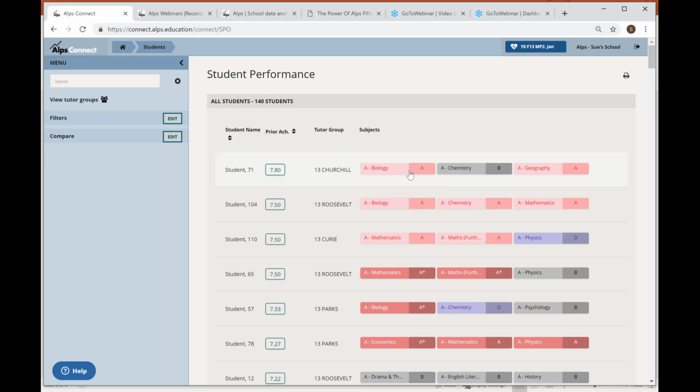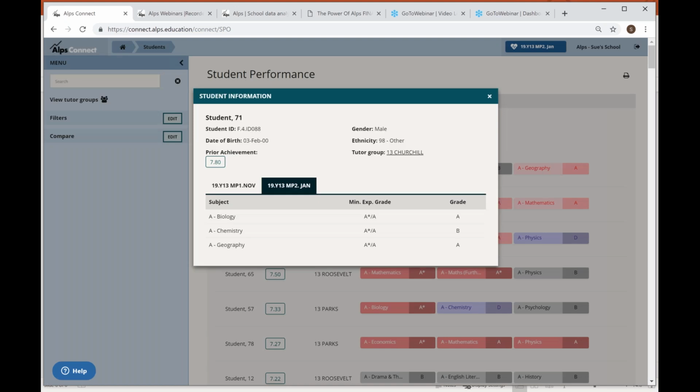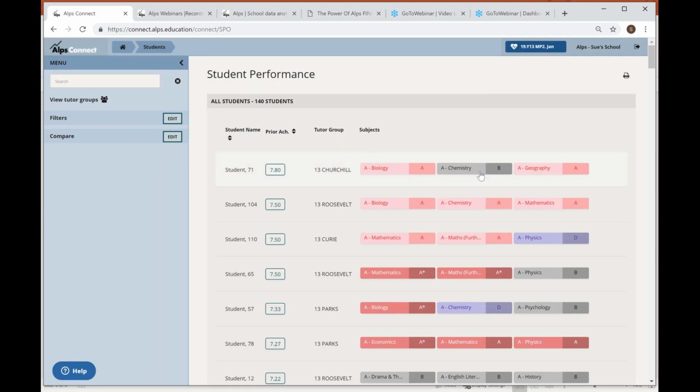So some minimum expected grades have an A star A target, for example, so that student's on an A, so they're 1 below their target. Let me show you that. There's their minimum expected grade, A star A, and so these 2 are A's, so they've gone pink. The black is 1 below, and the blue is 2 below.